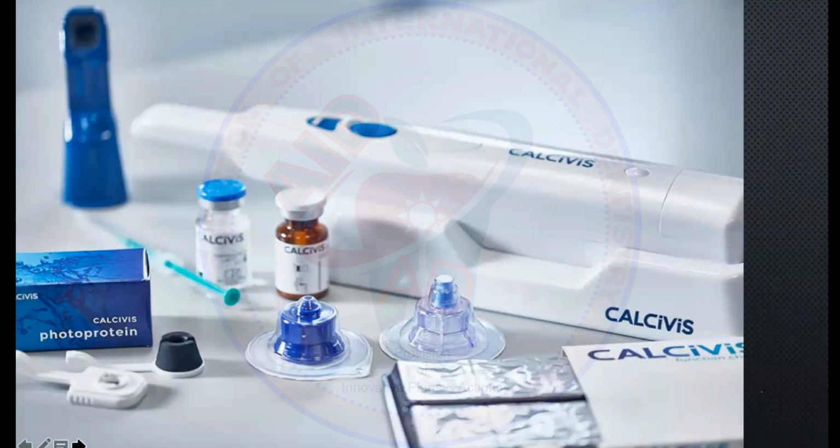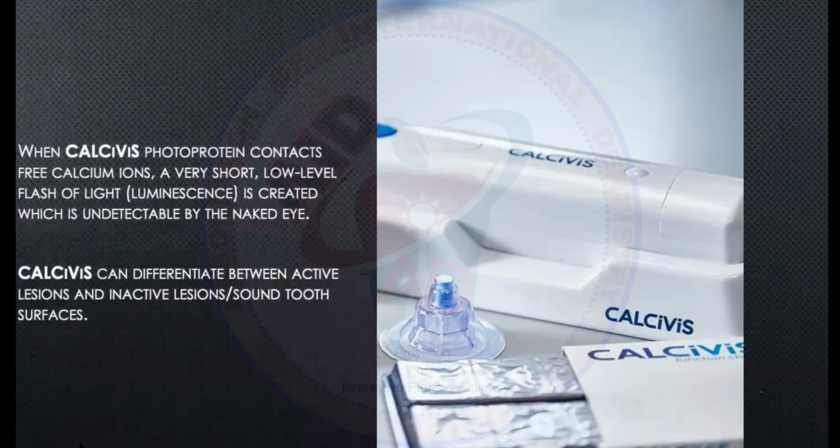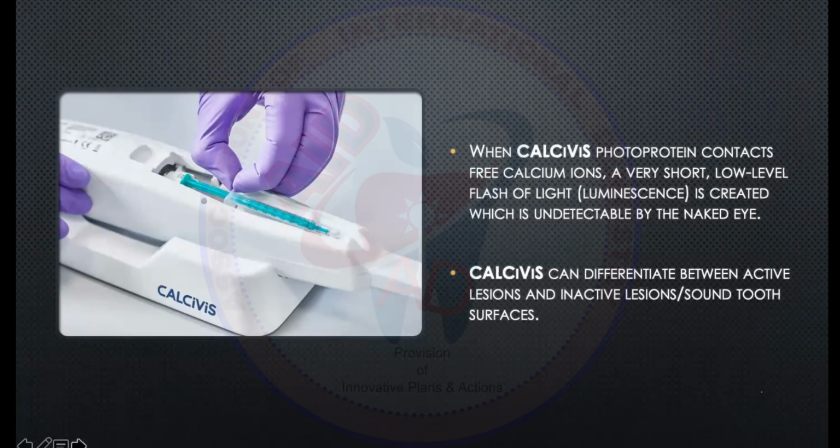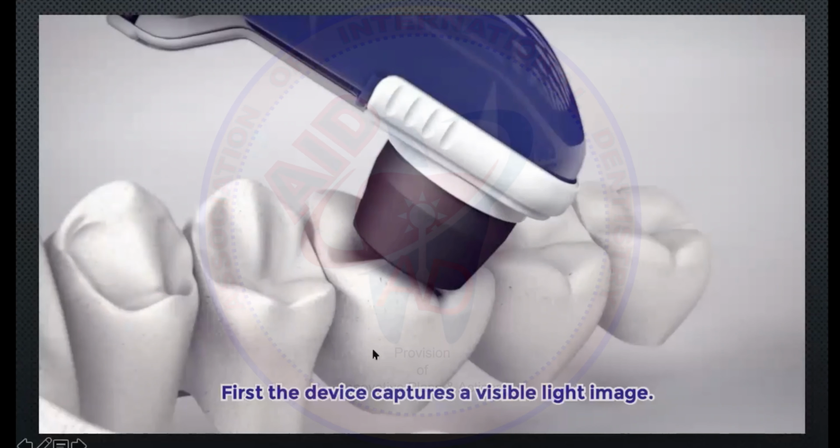So they apply photoproteins onto enamel surface wherever a decalcification is suspected, and then a picture is taken. I will show you a few of the pictures which I've taken from their website. So this is a syringe for the photoproteins, and on a normal enamel occlusal surface, they will take a picture. That is a pre-procedural picture.